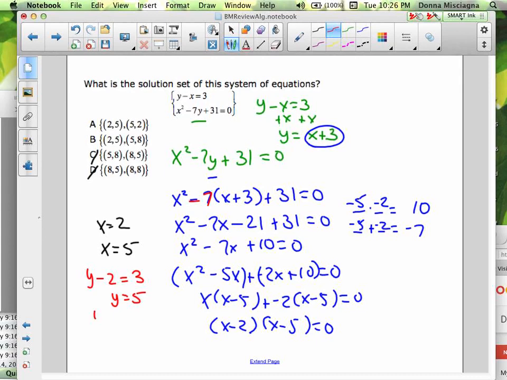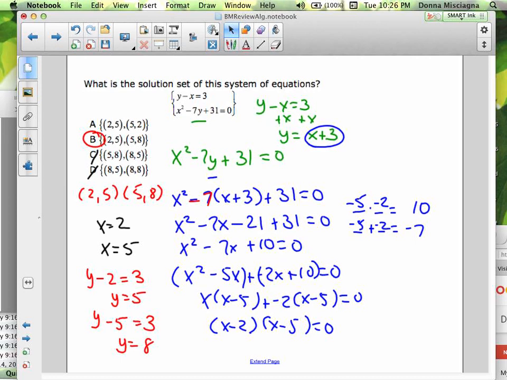And then y minus 5 equals 3. Add 5, y equals 8. So our solutions are 2, 5, and 5, 8, which is B. B is the right set there of answers.